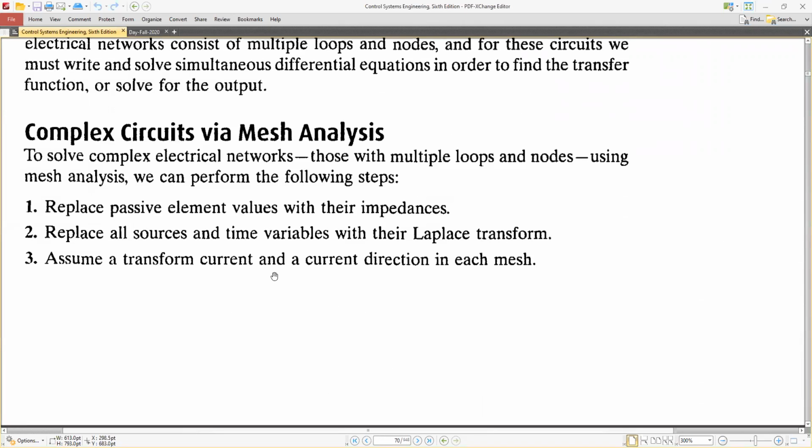Now complex circuits by mesh analysis. It is important. Mesh analysis is important. So after completing the mesh, I will close the class. Let's look at the mesh analysis.